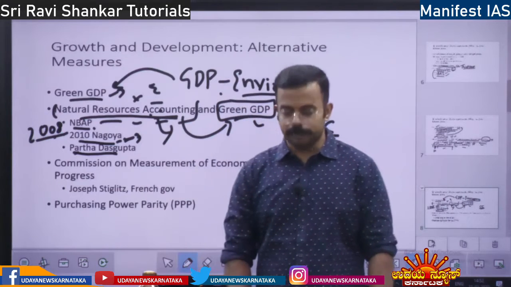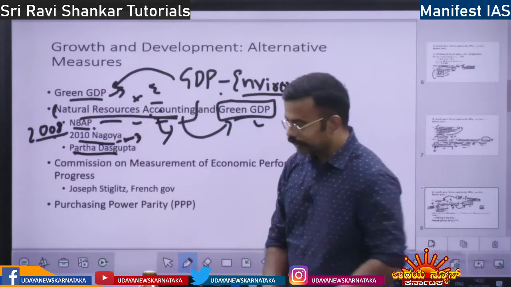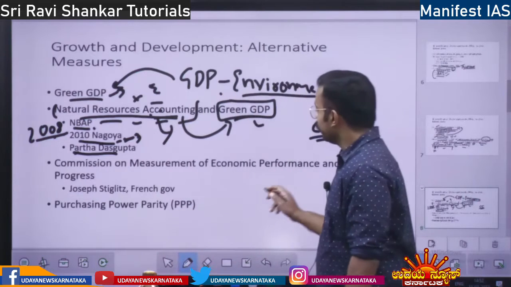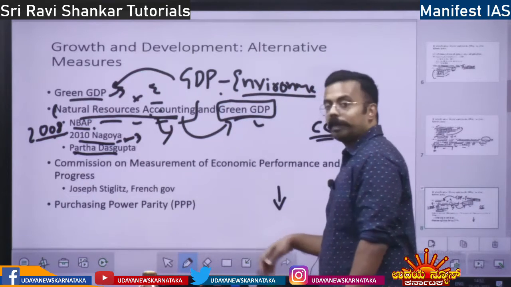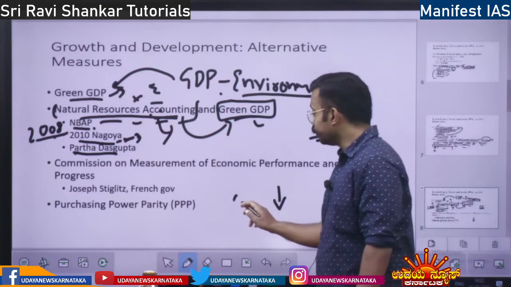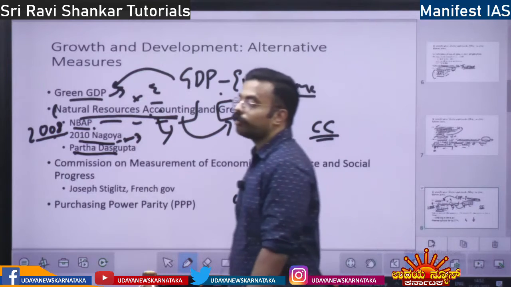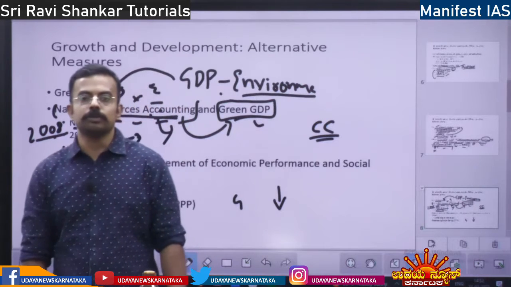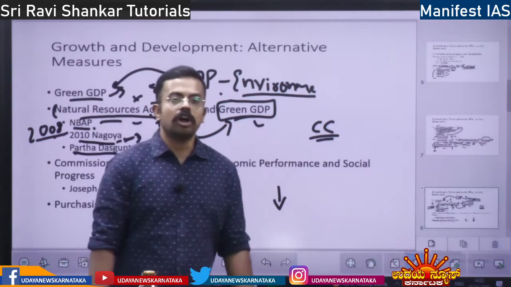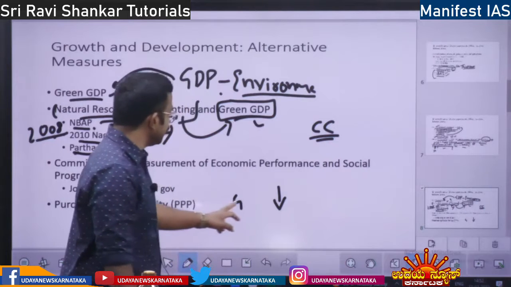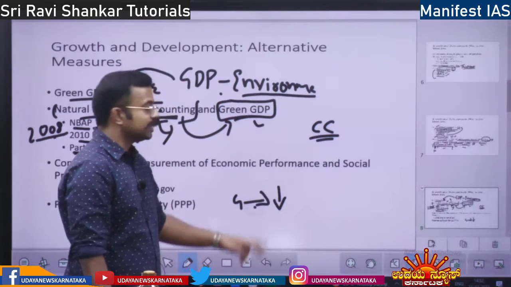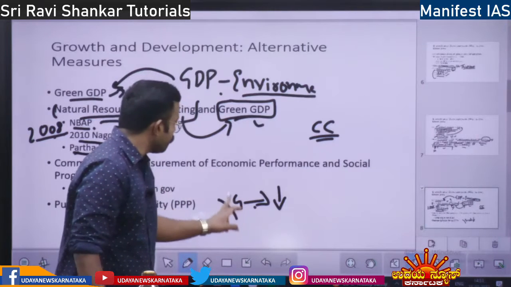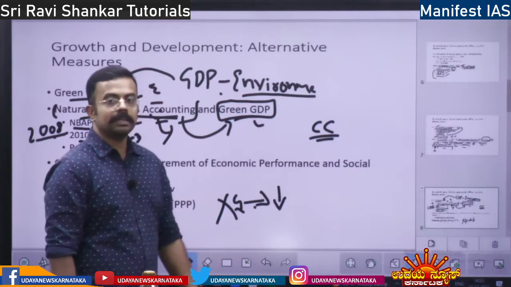But what happens? The green GDP will become very less because in China there is a lot of pollution. Green GDP becomes less when there is a lot of pollution, when the environment is not good. So green GDP became very less. China got embarrassed, so it stopped publishing the green GDP, right?